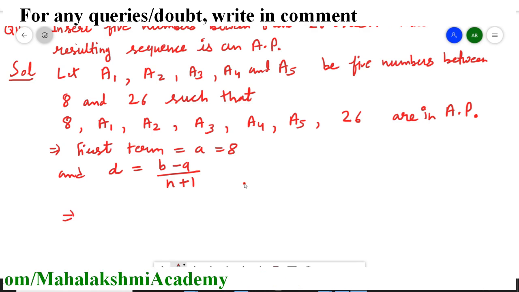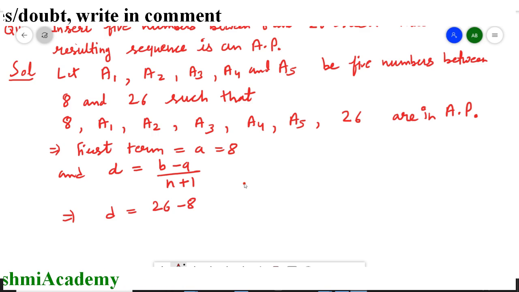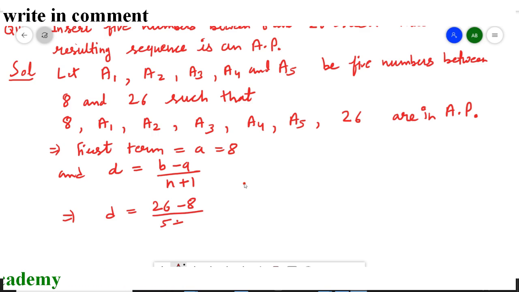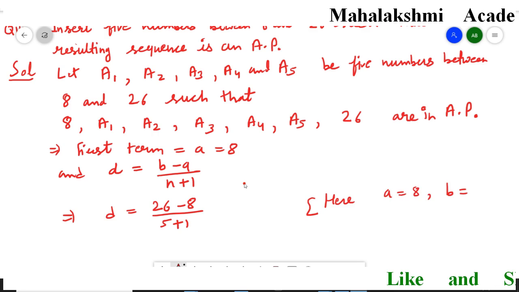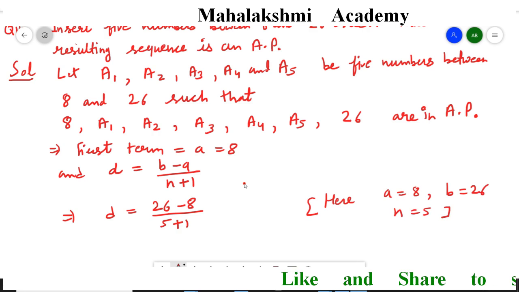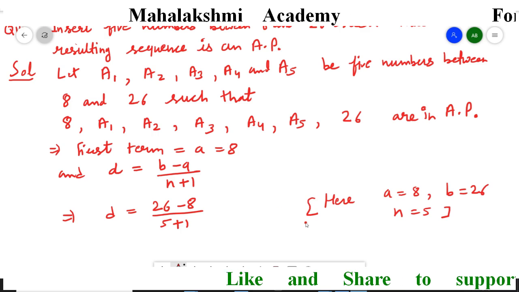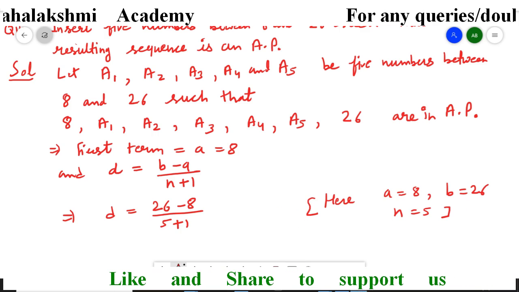So that will give us D is equal to 26 minus 8 upon 5 plus 1. Now we'll mention from where we are using all the abbreviations. So here A is 8, B is 26, N is 5. After mentioning what A, B and N are, we have to solve this.